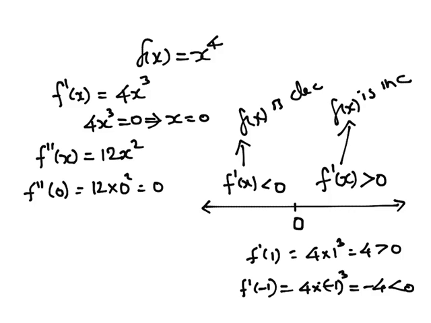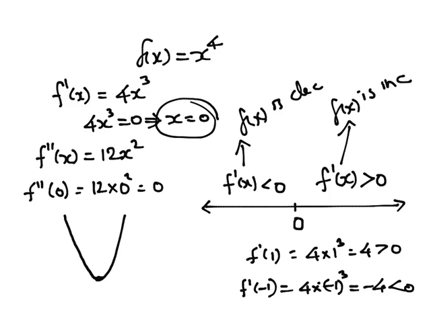So the curve looks like this. F of x is decreasing, so it comes down, and then after 0 it increases, so like this. So as you can see, you won't get a point of inflection. In fact, you will get a point of minima, isn't it? So x equal to 0 gives us a point of minima.